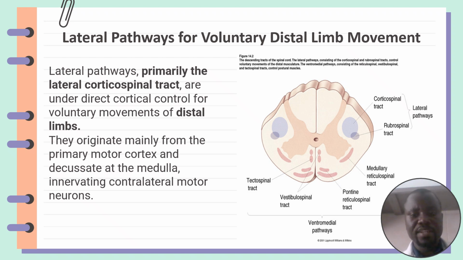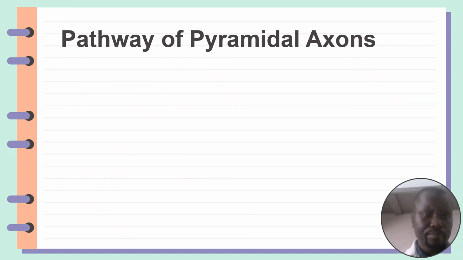We've discussed what decussation means. They change from one side of the body to the other at the level of the medulla, leading to innervation of the contralateral motor neuron. So the corticospinal tracts on the right side of the body will innervate the structures on the left side of the body. That's what contralateral means.